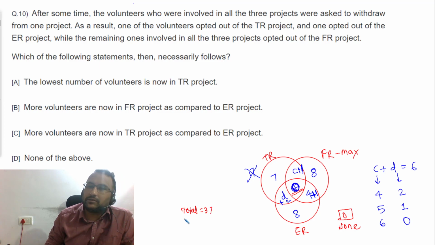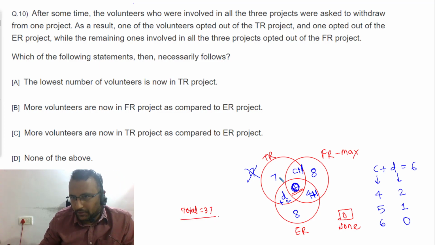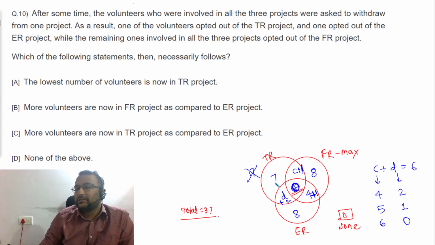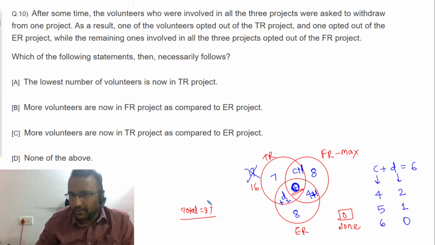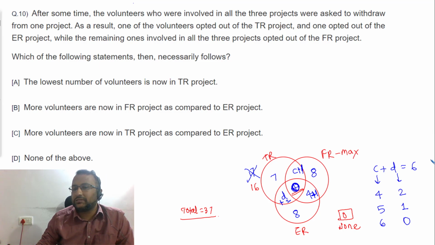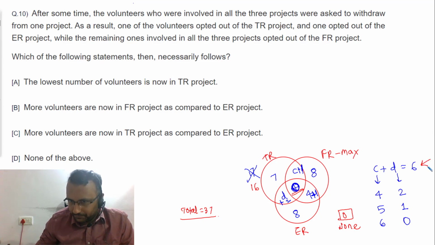The total is supposed to be 37. So C plus D is equal to 6. 6 plus 3 is equal to 9. 9 plus 7 is equal to 16. The total of TR is equal to 16. Outside TR, it is 8 plus 8 plus 5, that is equal to 16 plus 5, 21. 21 plus 16 is equal to 37. So C plus D is equal to 6 is still valid.